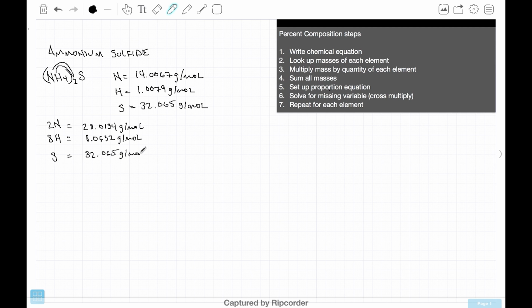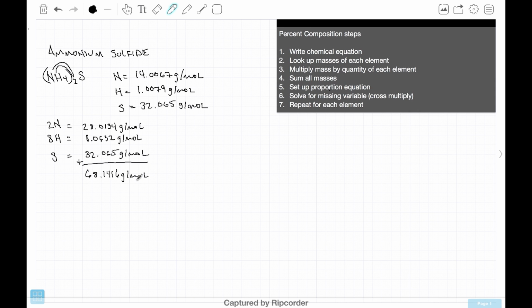And the next step says sum all the masses. So when you do that, you end up with 68.1416 grams per mole.